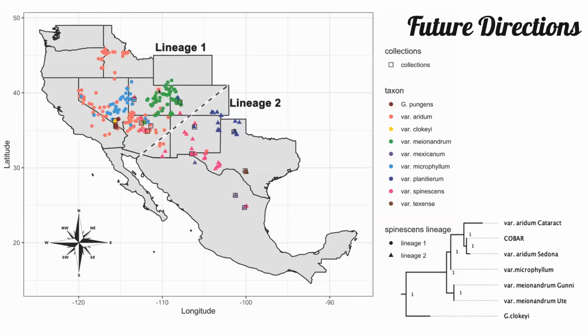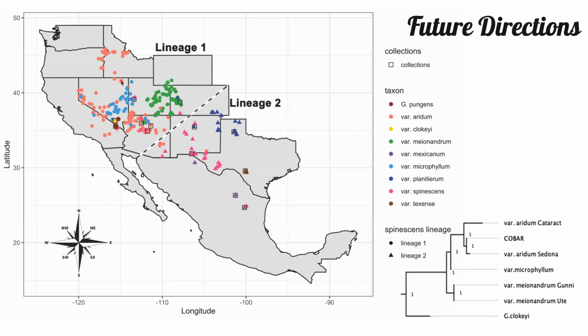Okay. So in addition to that, if I could go back, this is what I learned and what I would do differently. These boxes around the different colored points are all of my collection sites. What I should have done, as I was going to all of these sites, was take samples of aridum throughout the range, but I didn't.